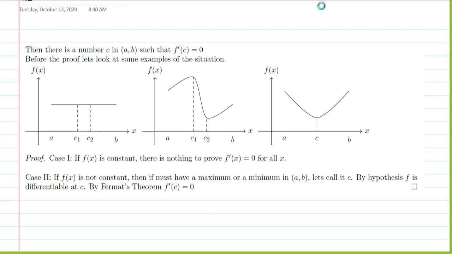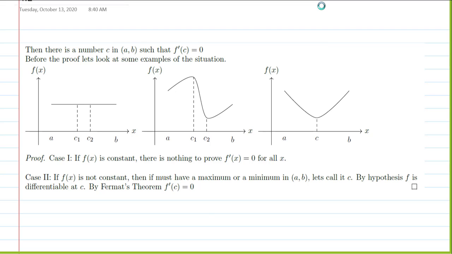Really that's the idea of what Rolle's theorem says: if a function is equal at the two endpoints of some closed interval, then at some point it had to stop and turn around, because it either went up and had to come back down, in which case it had slope 0, or it went down and came back up. It says at least one exists.